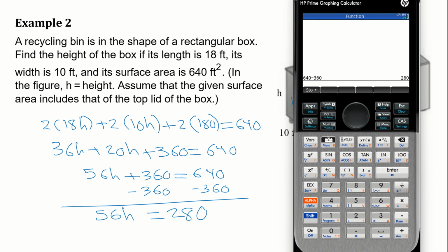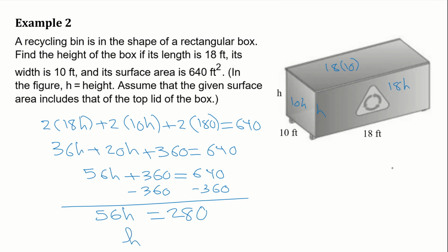So we end up with 5, so h equals 5. To answer it properly, we need the right units. So the height is 5 feet long. And that's all there is to that.